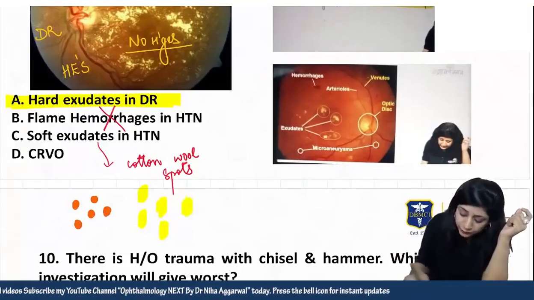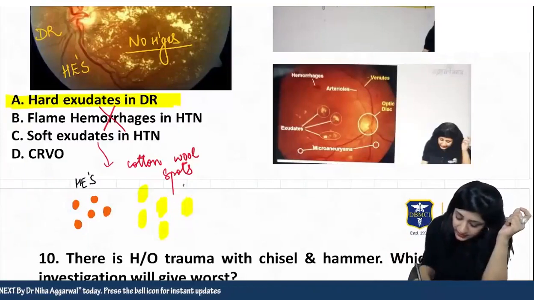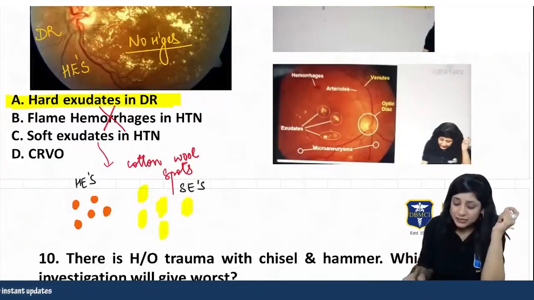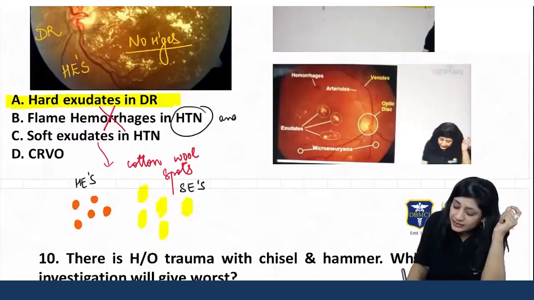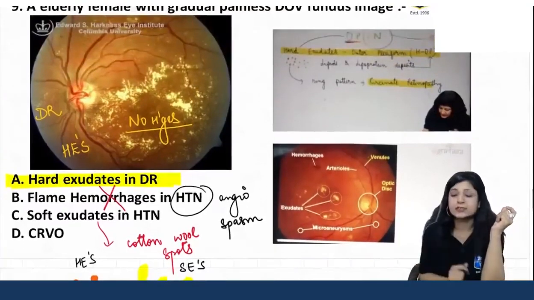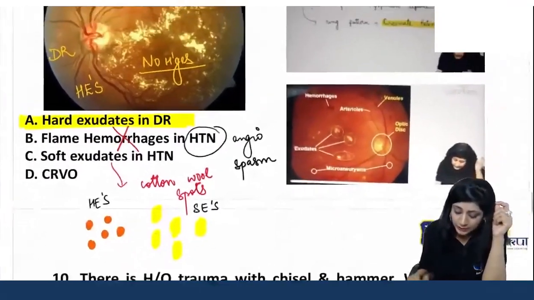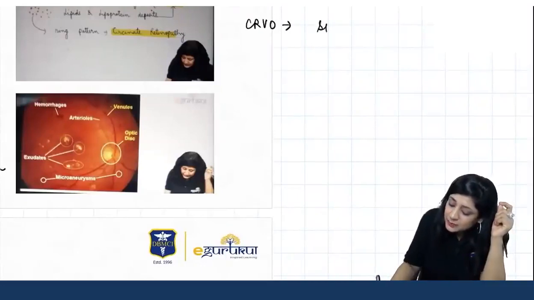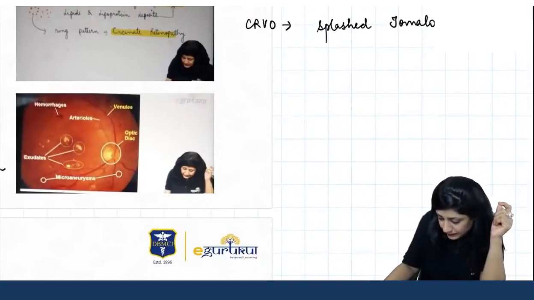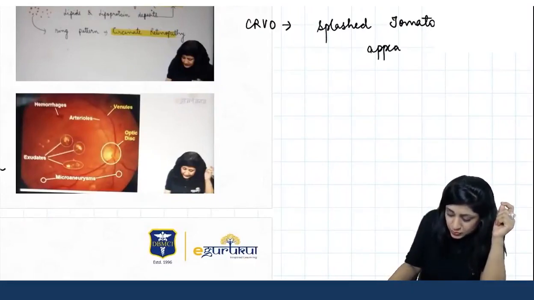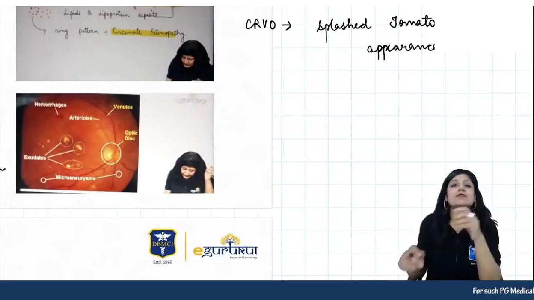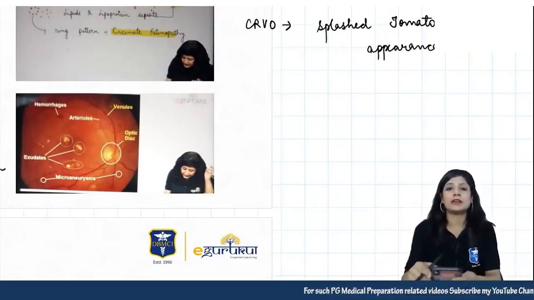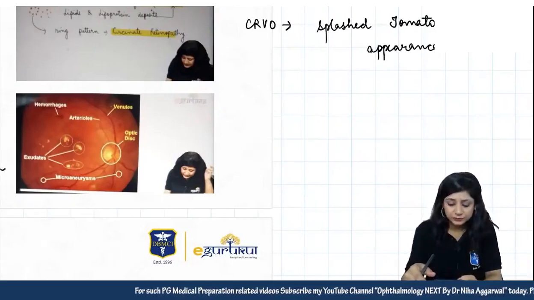So there is a lot of difference. These are your hard exudates and these are your soft exudates. Plus, if it is hypertension, then you will get angiospasm, thinning of the blood vessels. So there is no thinning of the blood vessels. Now, if you talk about CRVO, what do we get in CRVO? We will get the splashed tomato appearance. Lot of hemorrhages in the fundus will be there. That is called CRVO.